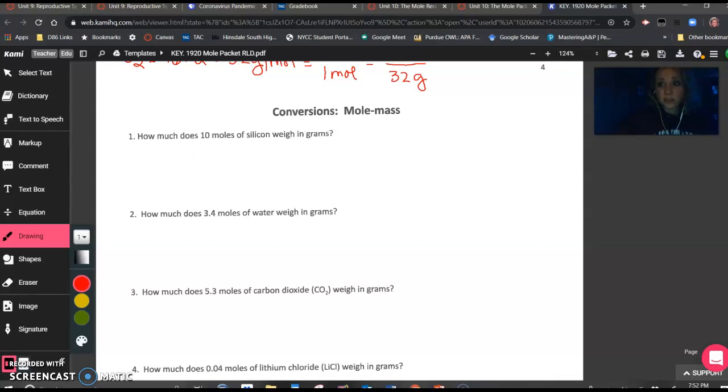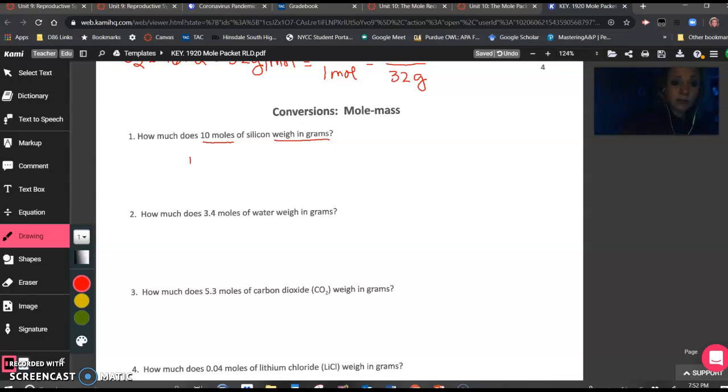Well, let's take a look at what we're given in the problem. We are given 10 moles, and we're also told what we're supposed to look for. We're looking for the weight in grams. This is what we don't know. This is what we're trying to solve for. So I'm going to set up my proportion, the first side of it, using what I'm given in my problem.